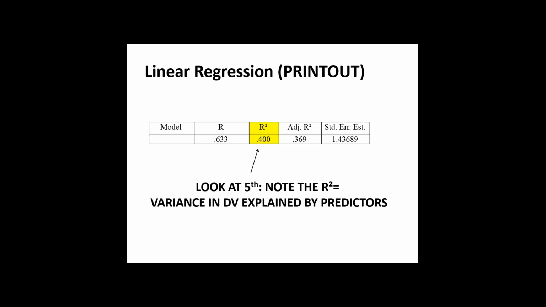Now, a traditional effect size for the regression model is the R-squared. The R-squared is, I believe, the first box in the regression output, and it tells you the degree of variance.